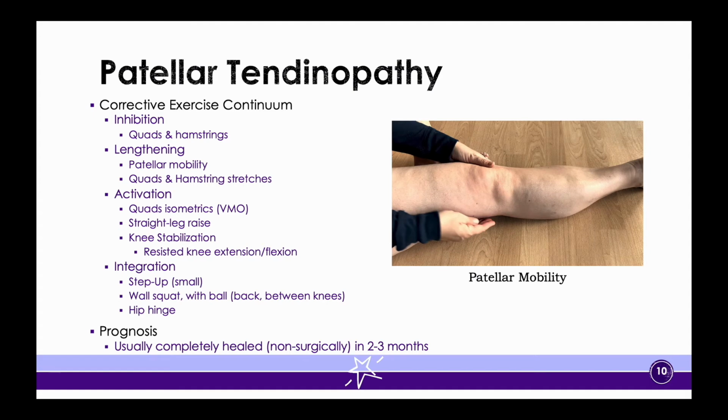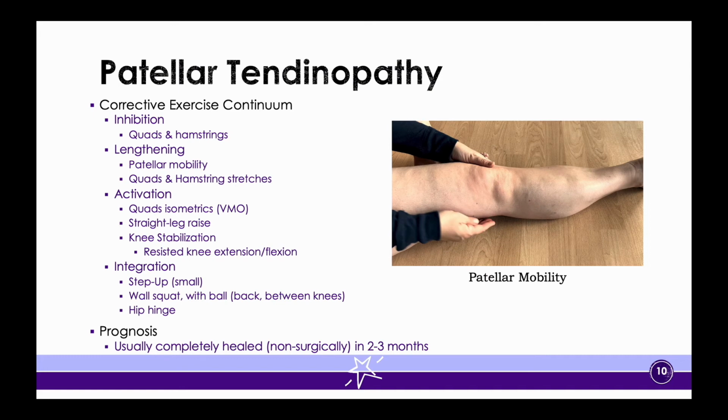As far as activation exercises, we're going to do things like some isometrics of our quads, specifically focusing on the vastus medialis. And then there are some other exercises I'll show you in just a second on our straight leg raise. And some knee stabilization exercises as well.